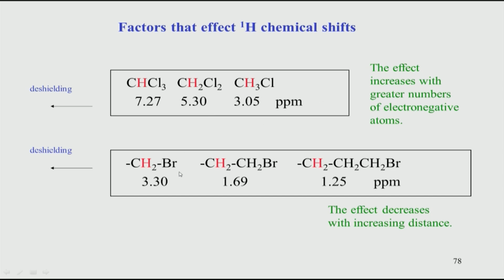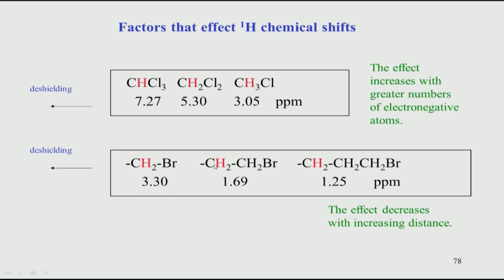Now, we can look at another molecule where we insert a CH2 between the hydrogen and the electronegative atom. If you see here, there are 2 CH2s and bromine is located far away. Keep in mind we are looking at the hydrogen shown in red color. There is one bromine directly attached to the neighboring carbon, and that is the electronegative effect which we saw in the previous slides.